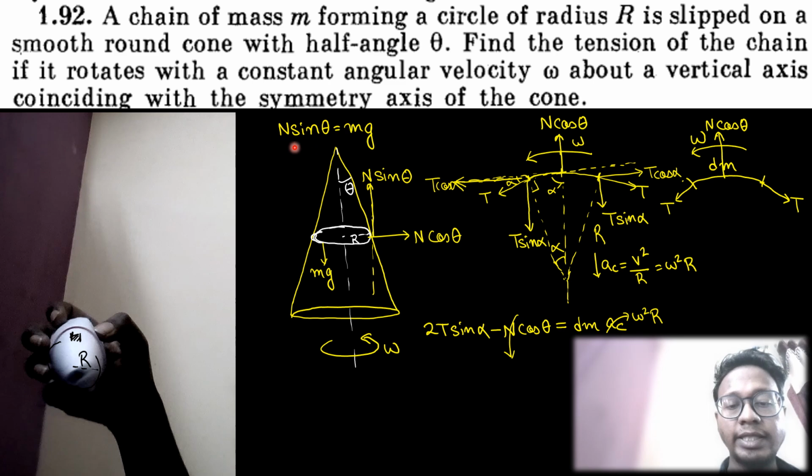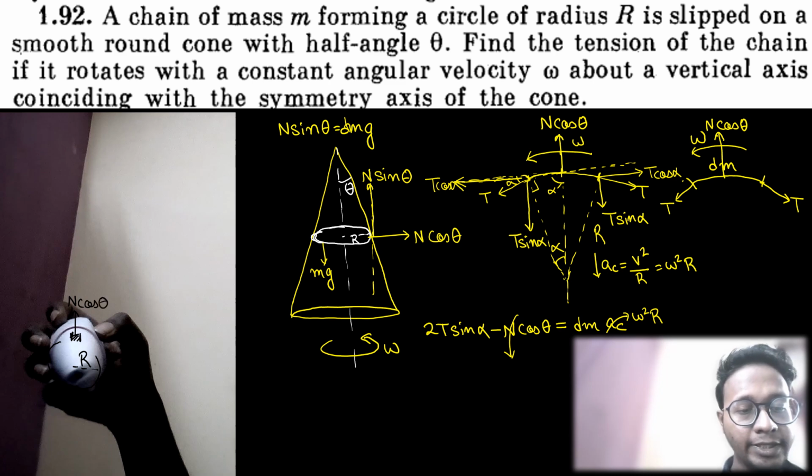This N sine theta will not balance the entire ring, no. The N sine theta over here will only balance this much part of the ring, so it is dmg. From this component, N sine theta out here, this is nothing but N cos theta.